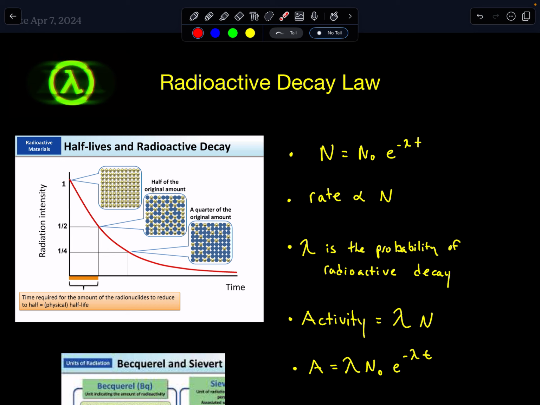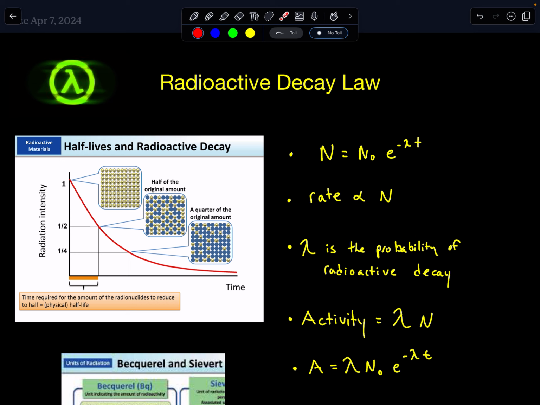Okay, so in order to move forward, we need to remember this formula: the actual amount of atoms remaining will follow this exponential function as long as I know the total amount to begin with, and I know something called lambda, which is my proportionality constant or decay constant, and that tells us the probability of radioactive decay.